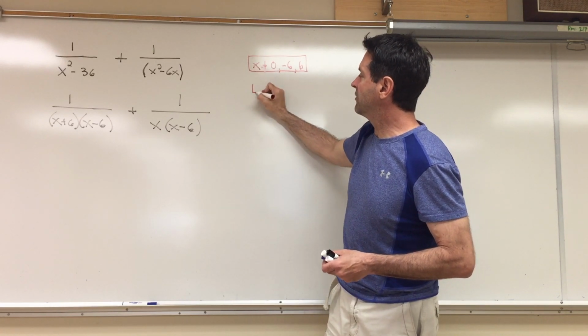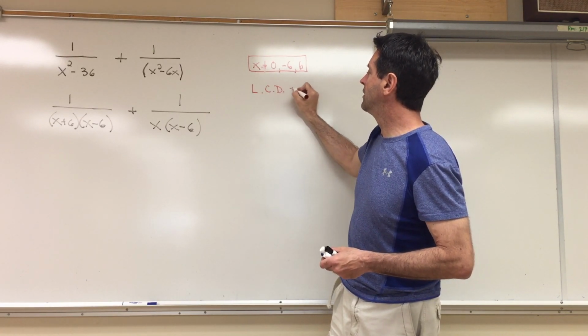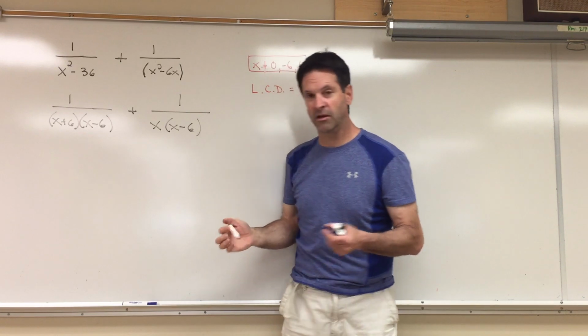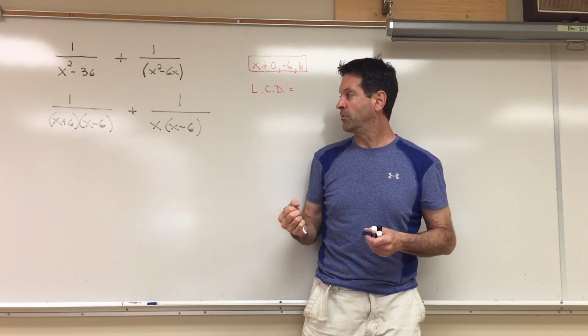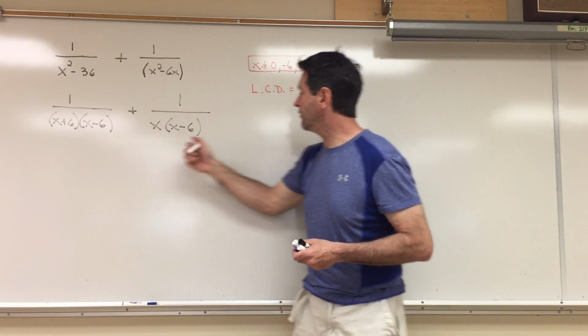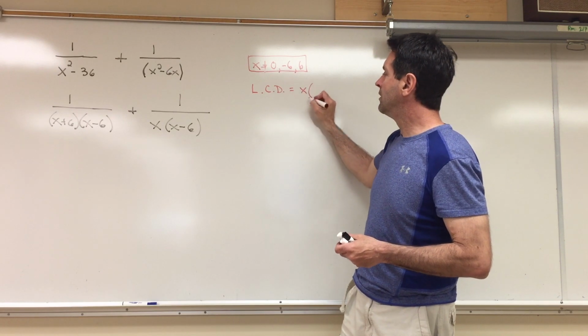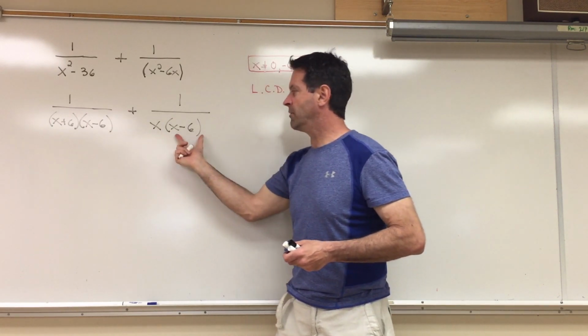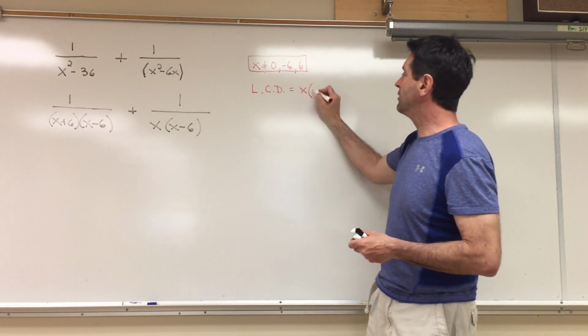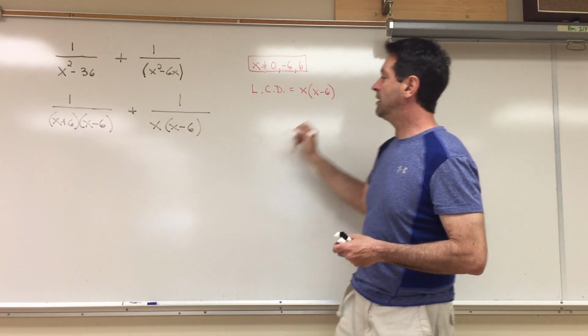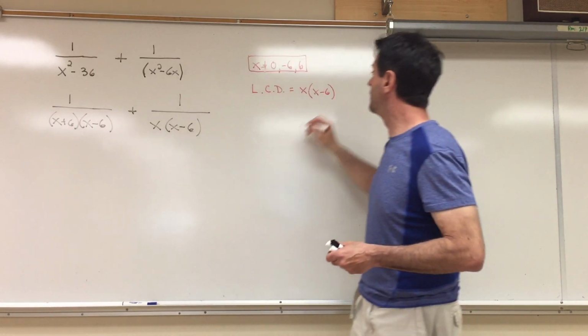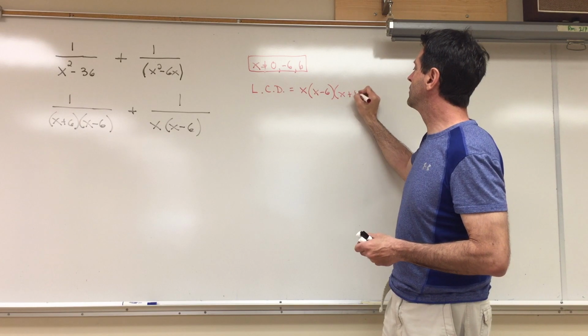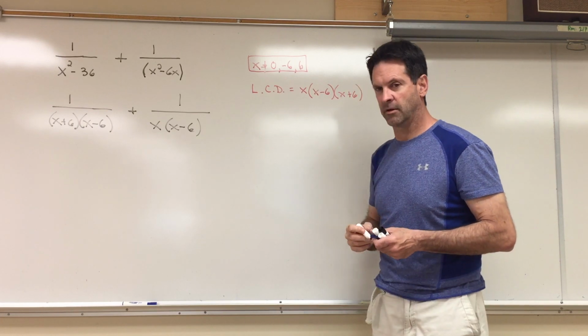Now the next thing we'll find is our lowest common denominator. The lowest common denominator is a combination, remember, of both denominators. We have an x in one of them. We have an x minus 6 that's common to both, but we only need to write it down once. And we have an x plus 6. There's our lowest common denominator.